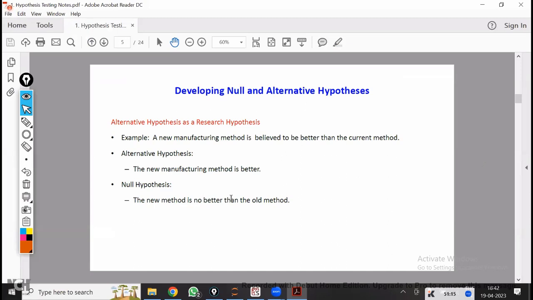When you are comparing two things, by default there is no difference. So the null hypothesis says there is no difference between both methods; everything is the same. The alternate hypothesis says that the new one is better, because you are researching that.